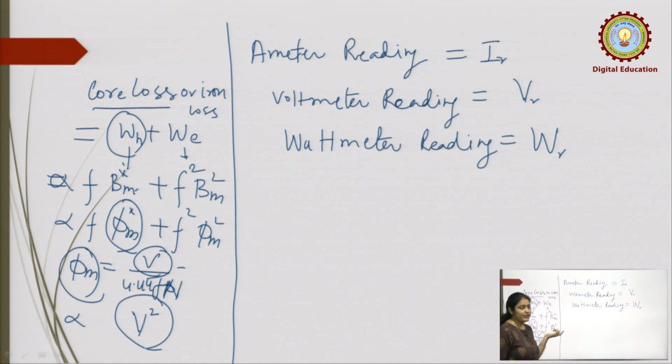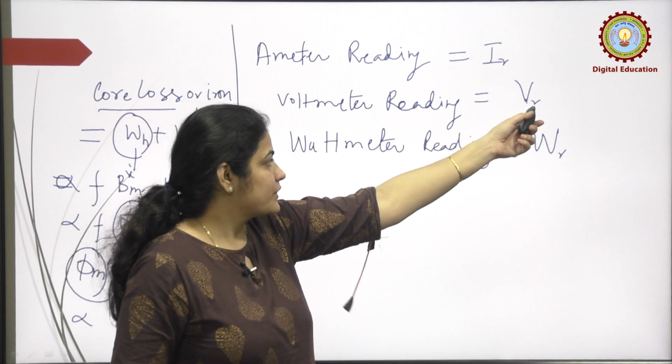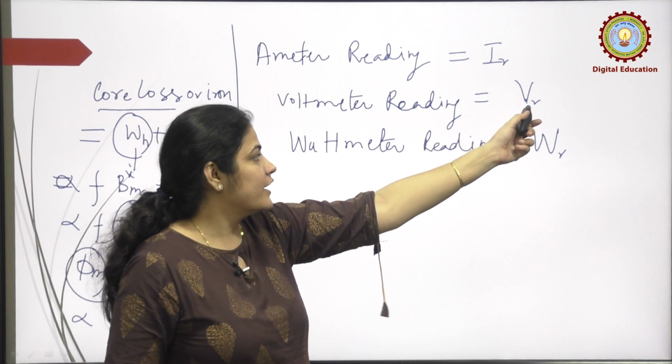And V is very small in the case of the short circuit test, because it is performed at a rated current. So, you reach the rated current by applying a very small value of voltage. So, obviously the voltage is very small in comparison to the rated voltage.